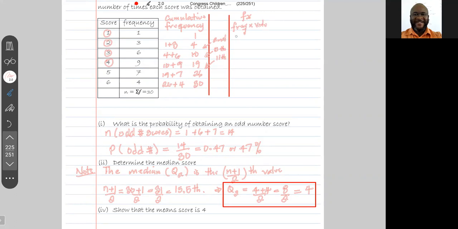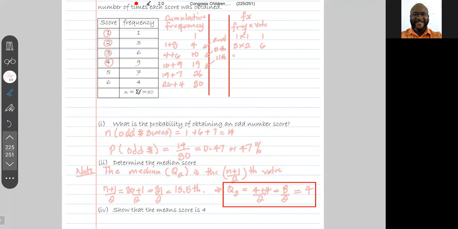The frequency is 1, the score is 1, so this is 1. This is 3 times 2, which is 6.